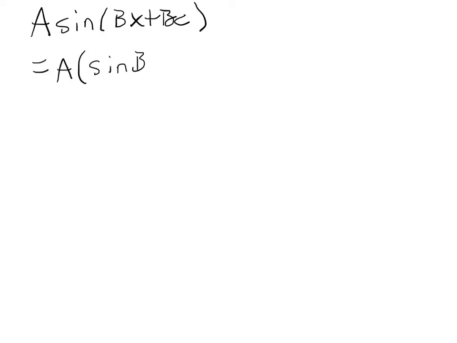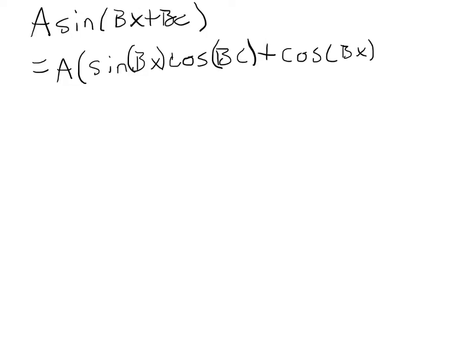So A sine of bx plus bc equals A, parentheses, sine of bx cosine bc plus cosine of bx sine of bc. So I just used the angle addition sine identity on that piece right there.